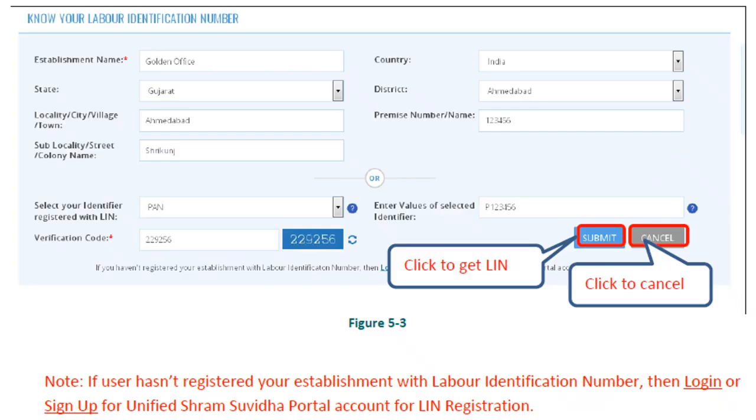This is how it would appear if you go to this web portal.